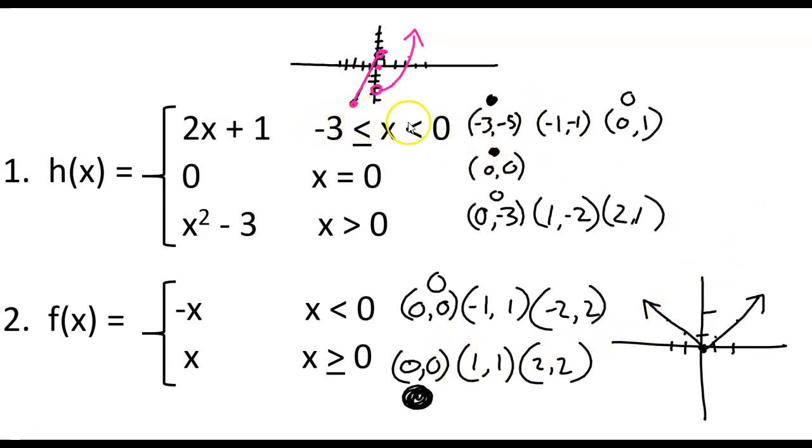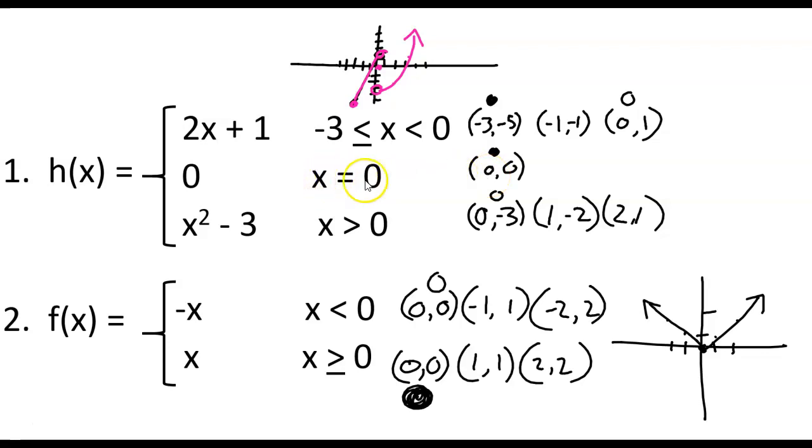So for the first one, we should have had a closed dot at -3, 5 and an open dot at 0, 1. Notice there's not going to be any arrows on this piece because it has endpoints, okay? Now the next one, I should have told you about this before I made you go, but that's okay. If you struggled a little bit, it's not a big deal, but it just tells you x equals 0. What that means is you only have 1 point. It's not an interval.